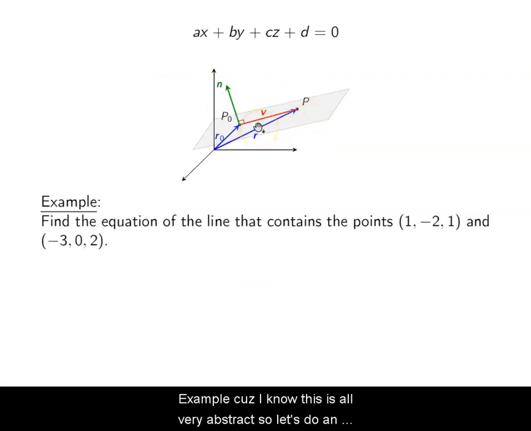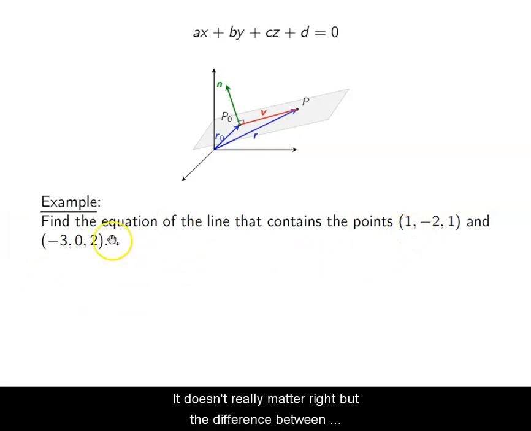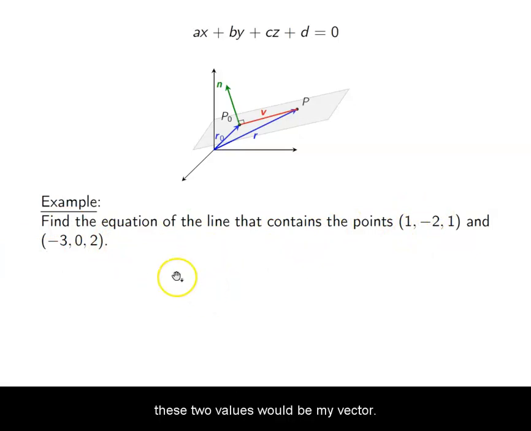Let's find the equation of a line and the equation of a plane. Find the equation of the line that contains the points 1, negative 2, 1 and negative 3, 0, 2. One of these is a fixed point, one is a terminal point. It doesn't really matter. The difference between these two values would be my vector v.